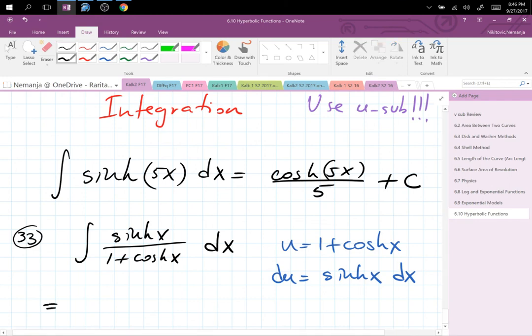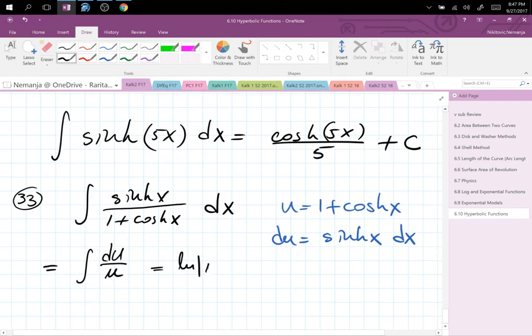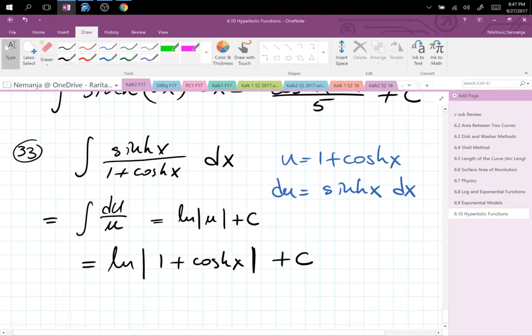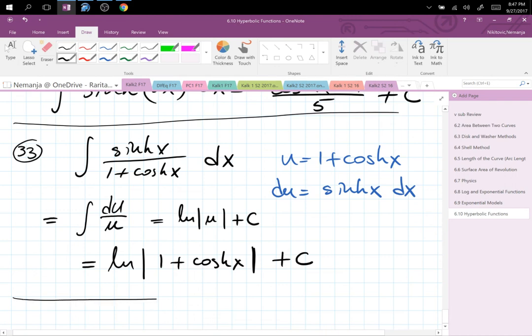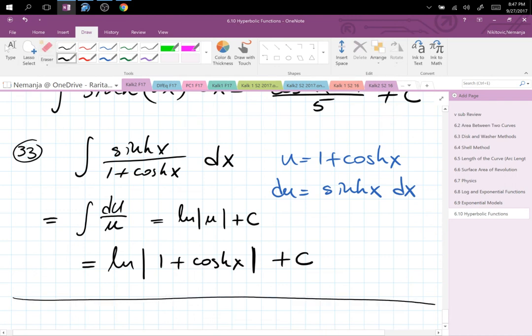So the problem quickly becomes du over u, which is ln u plus c. Which is ln, or the absolute, 1 plus cosine hyperbolic x plus c. And that's problem 33. It's extremely quick if you know u sub, which is what I told you to practice a lot for this course.